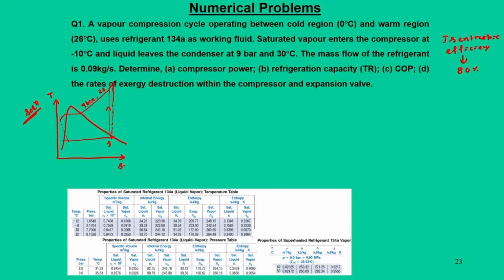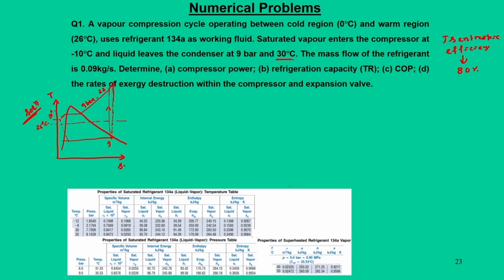But at the exit of the condenser it is 30 degree centigrade, and remember your warm region is 26 degree centigrade. So, somewhere you have 30 degree centigrade.